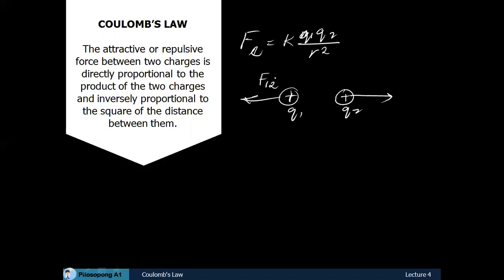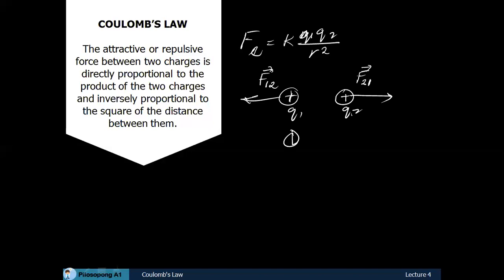That is F12, force 1 2, that's directed to the left, while this one experiences a repulsive force to the right because of Q1. That is F21.